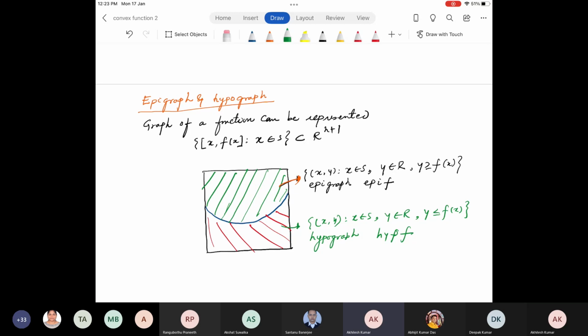So points above the graph of f form the epigraph and below form the hypograph.